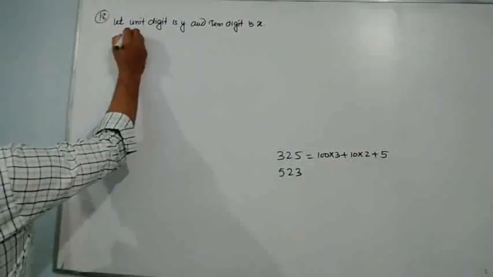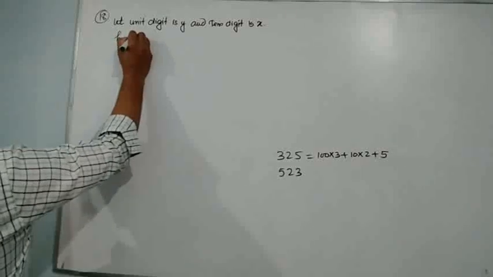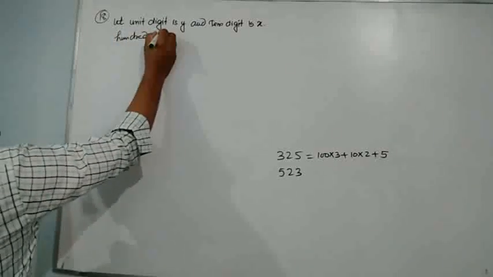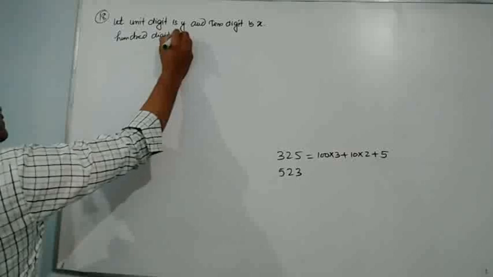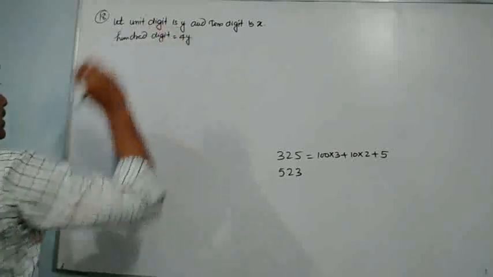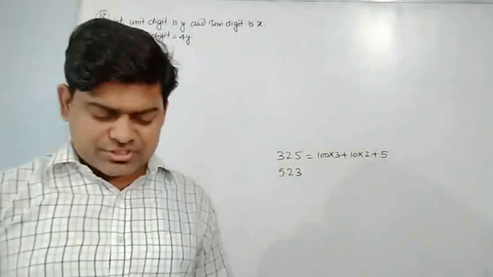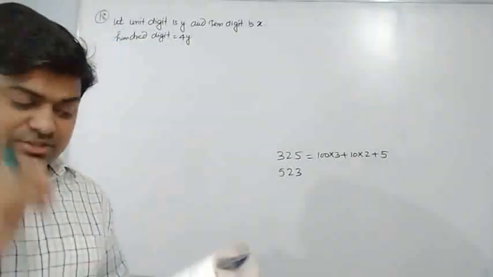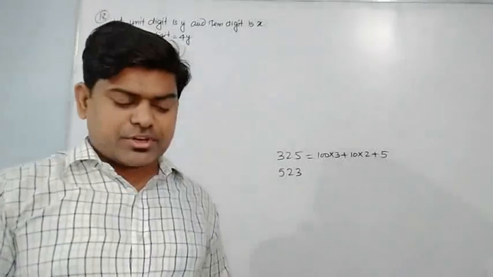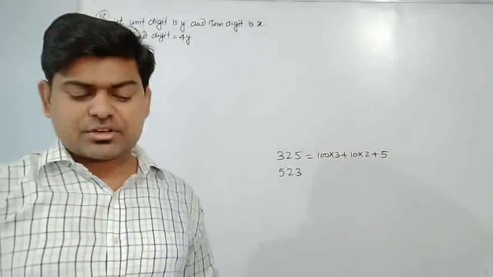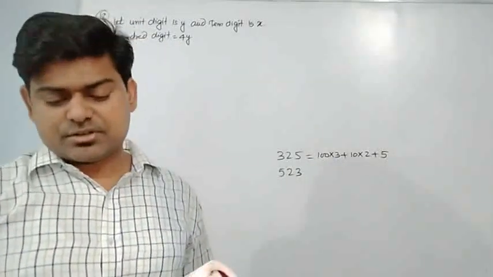What will be the hundreds digit? The hundreds digit will be 4y, because it's written in the question. The first line of the question is that only: a number of 3 digits has the hundreds digit 4 times the unit digit.